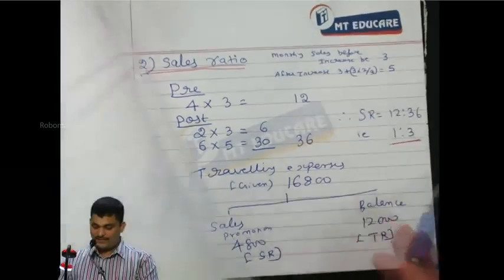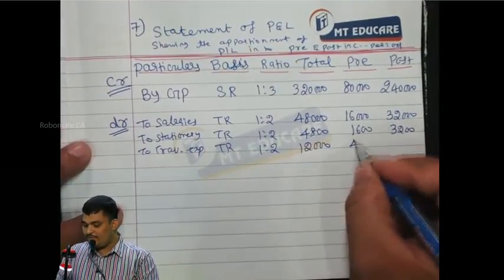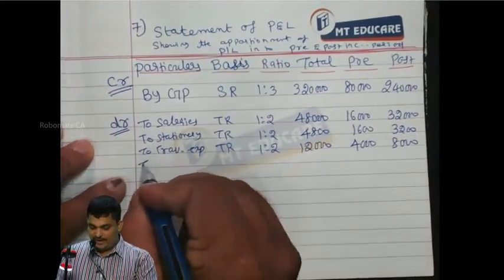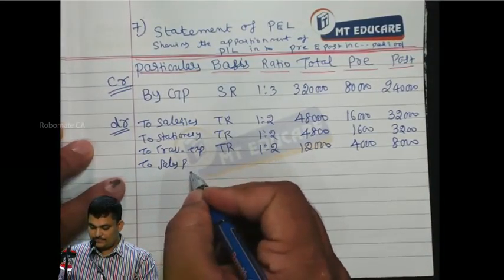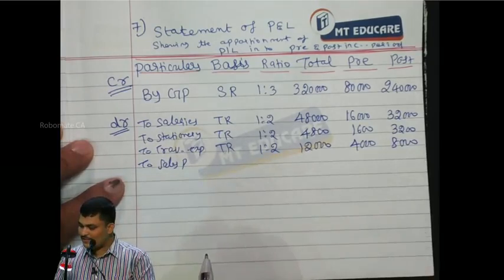Correct? So traveling expenses based on time ratio 12,000, 4,000 and 8,000. Are you following? Then we have sales promotion expenses.